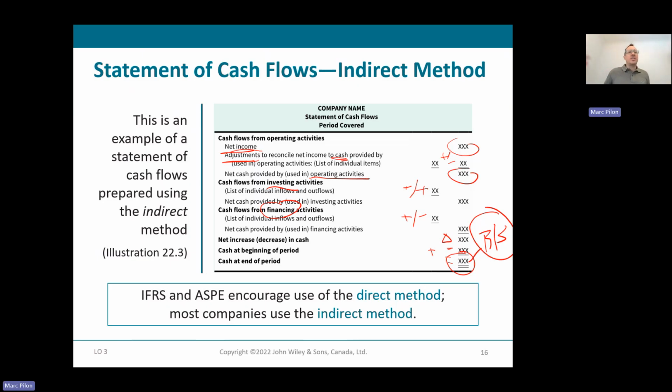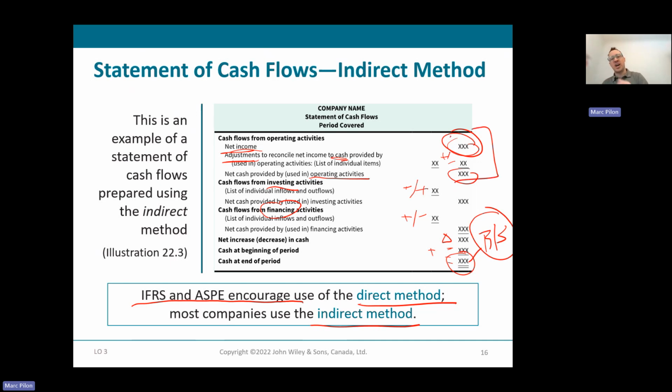What's funny is that IFRS and ASPE in the standards encourage but don't require the direct method, but most companies use the indirect method. Why? Because everyone knows the net income, right? So you start with net income and then you just adjust for non-cash.